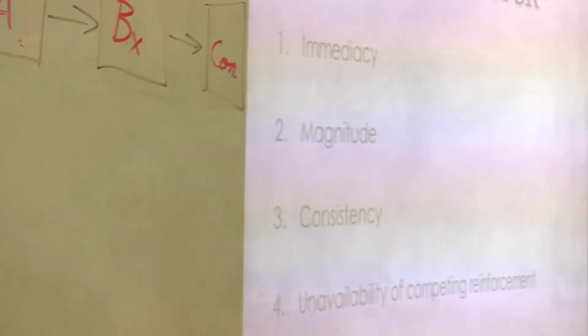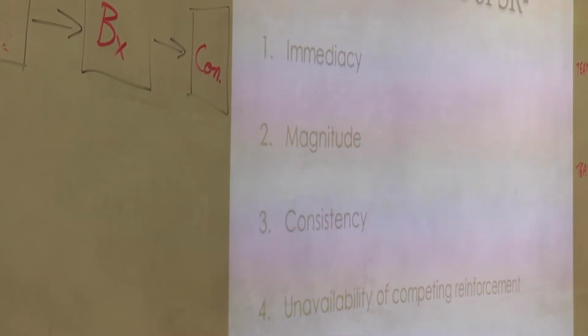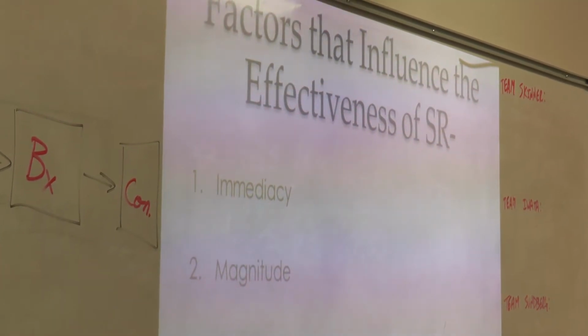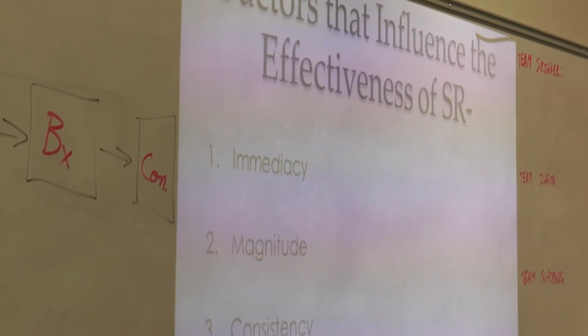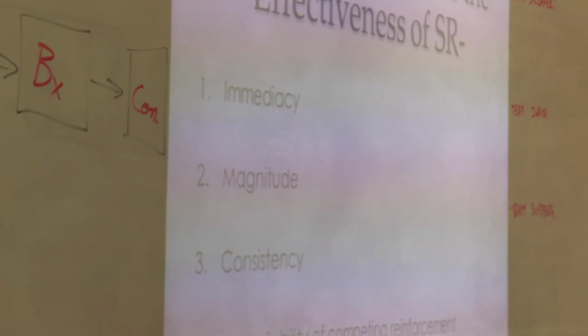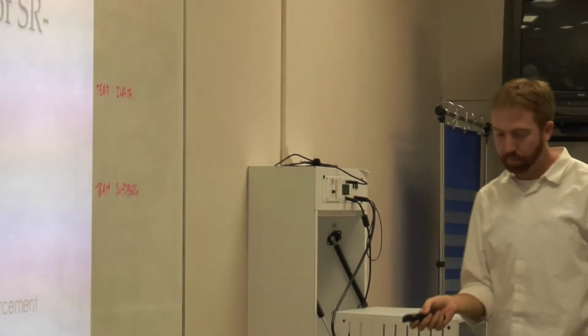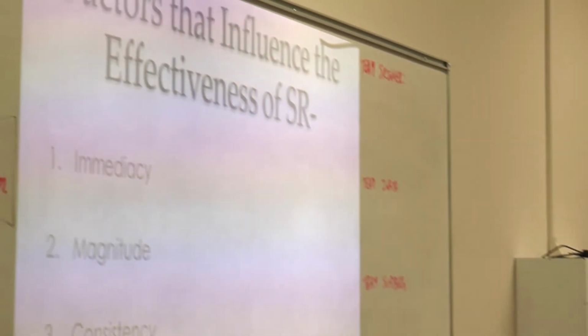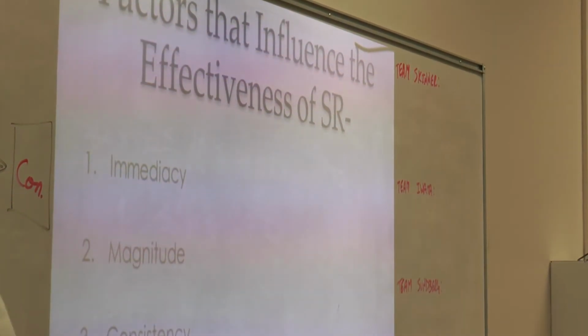All right, let's talk about things that actually influence what we call our stimulus response. In this case, the SR, we're talking specifically about a stimulus in regards to a consequence. Maybe this will also help. When we're talking about stimulus, we're talking about all those environmental things.